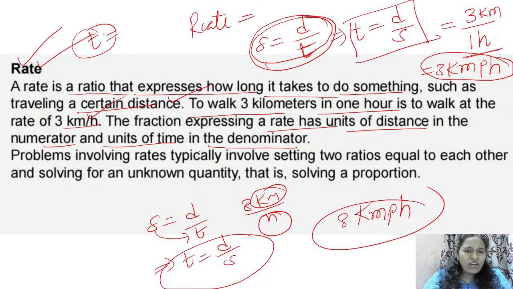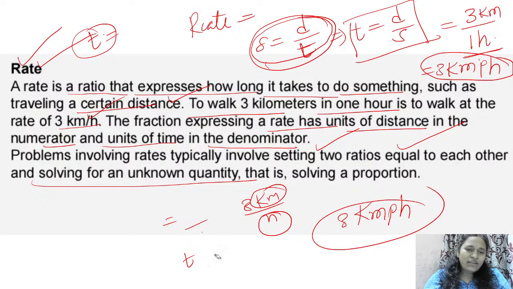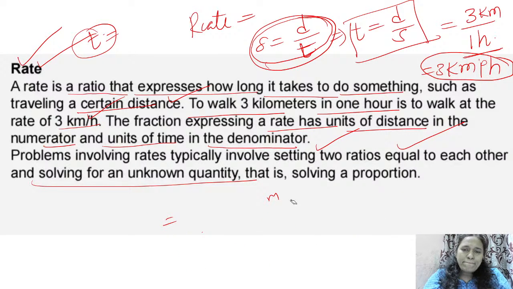Problems involving rates typically involve setting two ratios equal to each other and solving for the unknown quantity. Why? What is the need of comparing ratios? Sometimes they will give it like that. We will solve some questions.